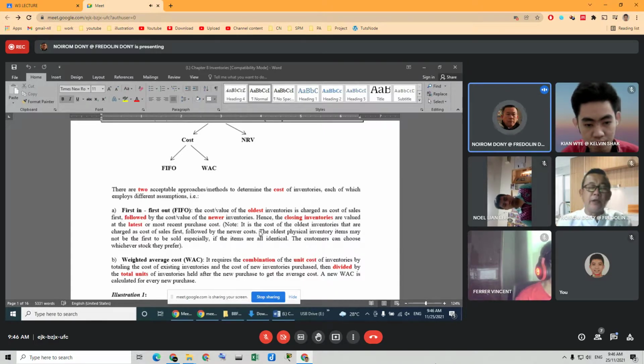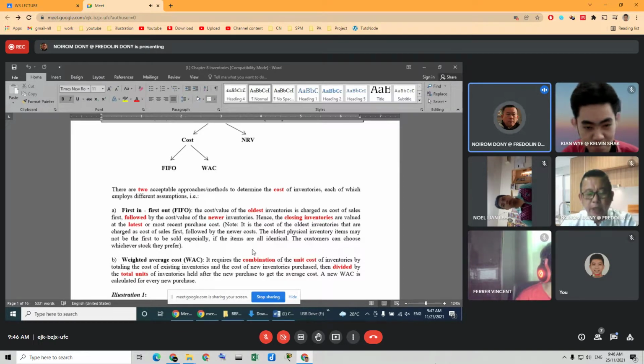But just understand that the value of the closing inventory uses the recent prices, meaning the updated prices. But the cost of sales will use the old price. If we are in inflation time, inflation means all the prices of the items are increasing.